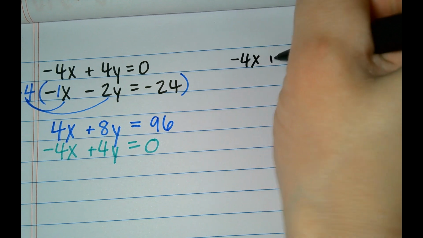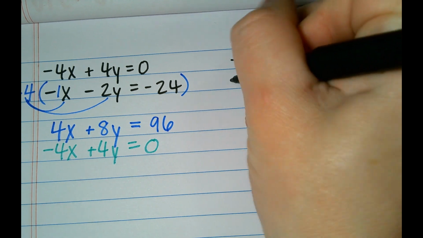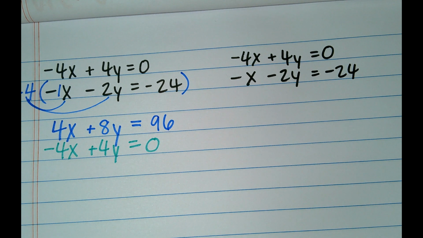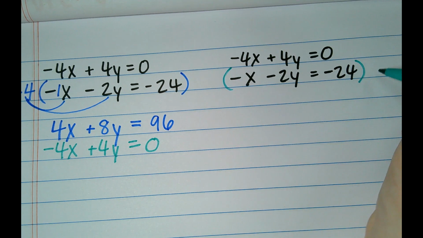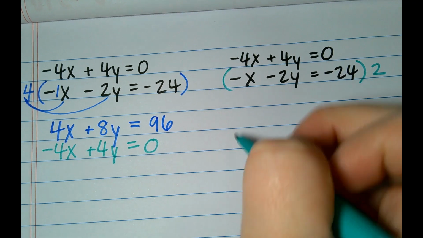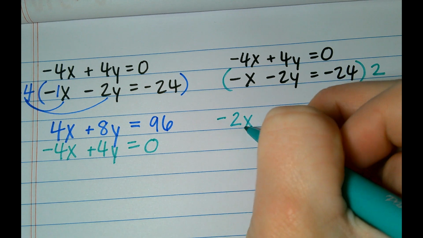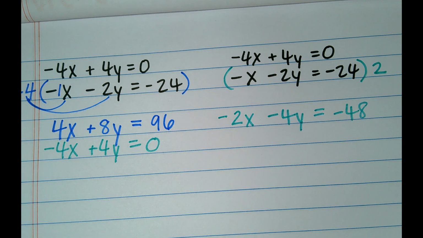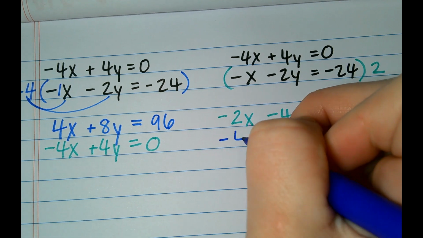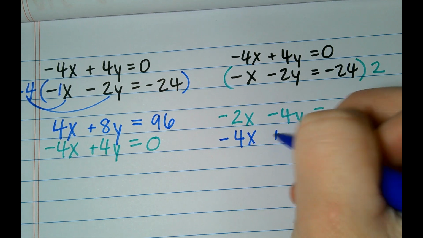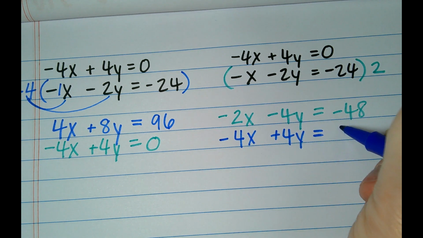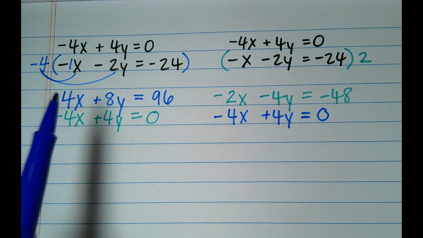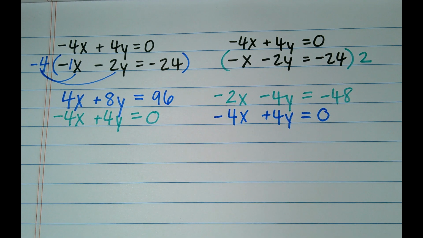Negative 4x plus 4y, and now I'm going to rewrite this one where we times 2 to get negative 2x minus 4y equals negative 48. Okay, so there's two different scenarios here that I have written down. Both of these are valid ways to start solving this problem.